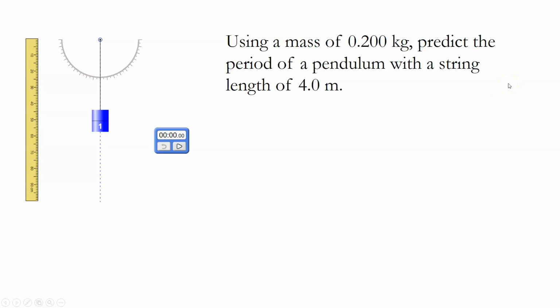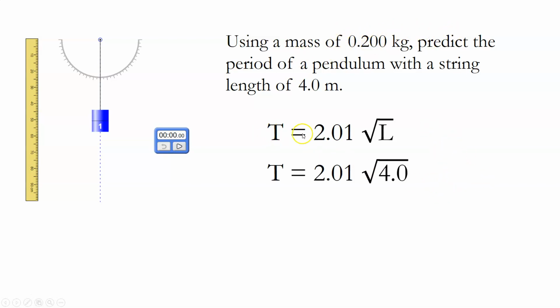We can use that relationship, and that is the relationship you're going to be asked to use, that simpler one. So if we use a mass of 0.2 kilograms, predict the period when the string length is 4 meters. Now that's way outside of here, and this is not something that was allowed by the program. First of all, it makes no difference what the mass is, so that's not going to incorporate. That's just almost like distracting information.